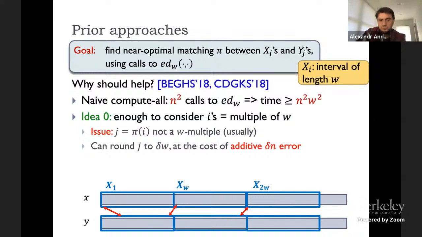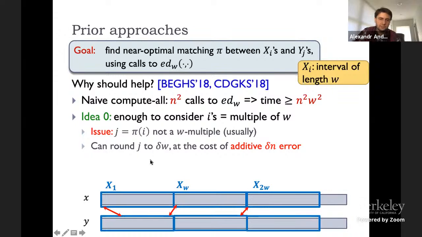But what we can do is say that for a distance it's okay to consider strings which are nearby in some sense. So maybe we just discretize the starting positions in Y a little bit more finely. Let's say we consider rounding j's to delta W multiples.